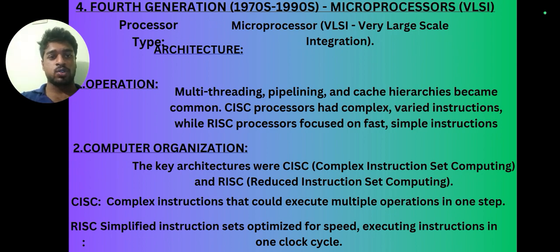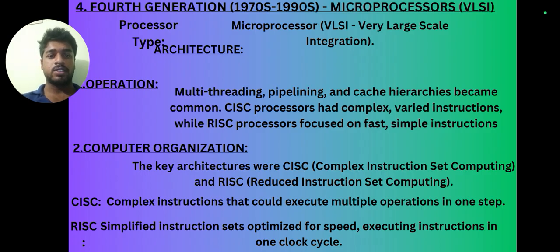It consists of two different processors: CISC, with complex instructions that could execute multiple operations in one step, and RISC, a simplified instruction set optimized for speed, executing an instruction in one clock cycle.